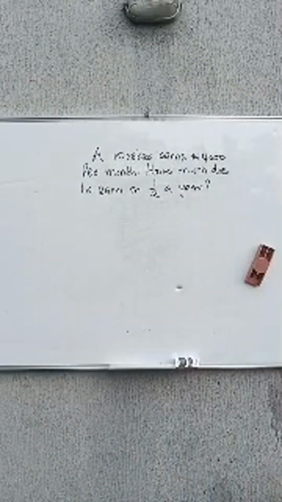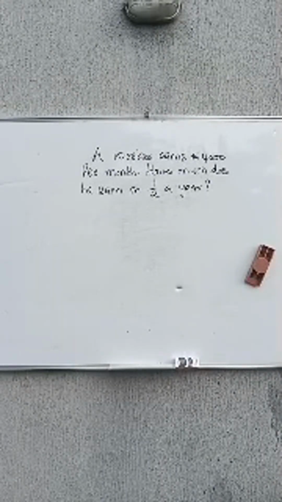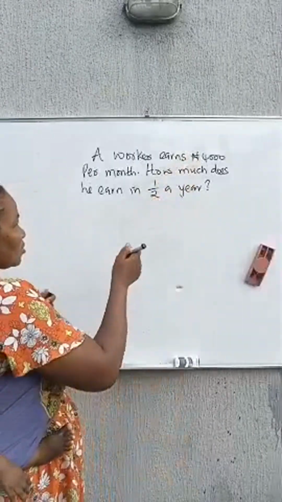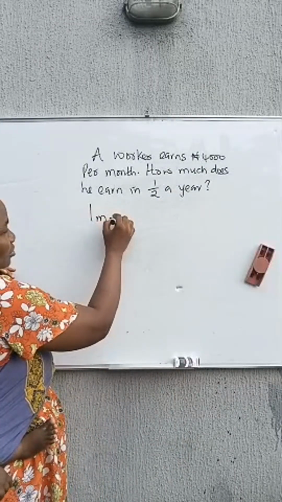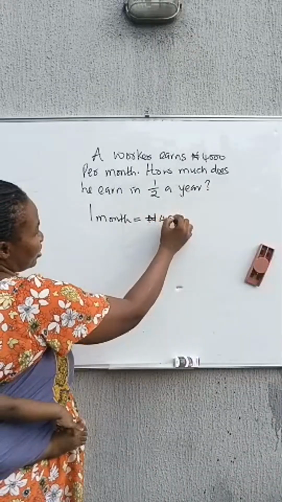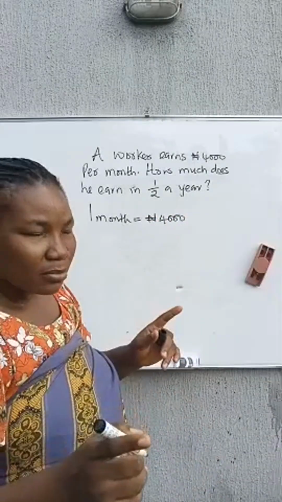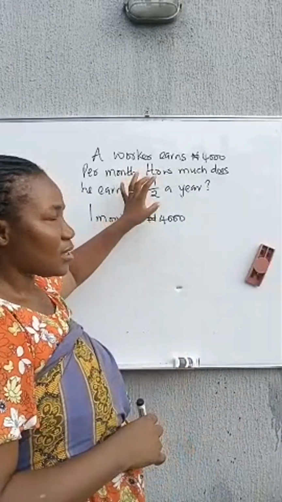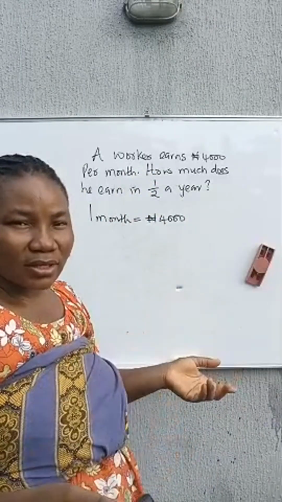Excuse me. So, in 1 month, this worker earns 4,000 naira. Every month, this worker earns 4,000 naira. Then half a year, what does he earn?